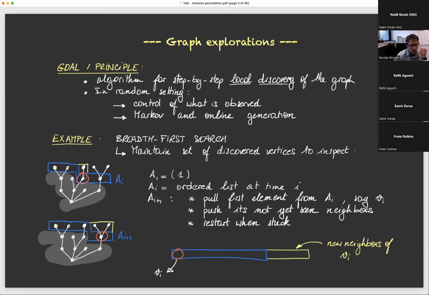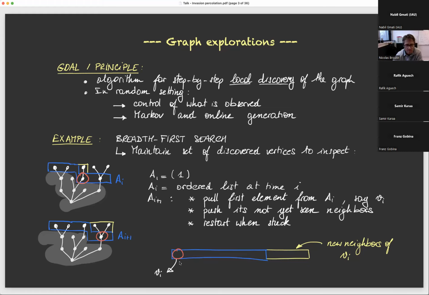You take it and you add to the pile the new nodes that you've discovered, and you keep going like this. So you have an evolution of a pile. You remove one and you add the ones that you have not seen before. Doing this, you will explore all the graph, and at some point maybe you don't see anything connected. If you have not seen anything connected, you take another node, any one, and you keep going like this.